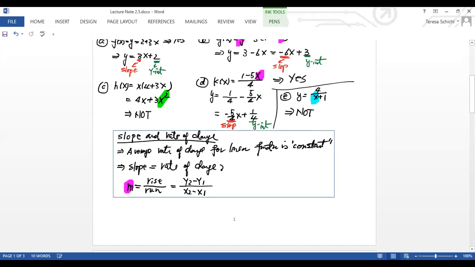So the slope, what is the meaning? Whenever x changes 1 unit, how much does y change?